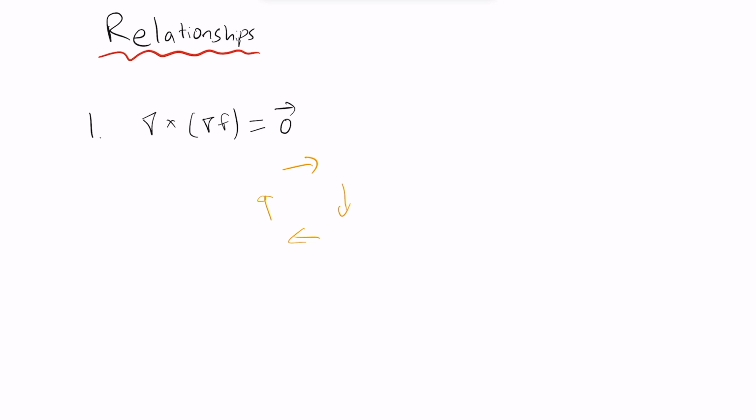Then that would essentially mean that if we were to follow the path around here, which should theoretically be the path of greatest increase of the function, we'd be increasing everywhere along this path, and we would end up back at this point, and it would be greater than we initially started. So we can't have a function that has multiple definitions at a given point. So this tells us that at every point in space, the curl of the gradient has to be zero.